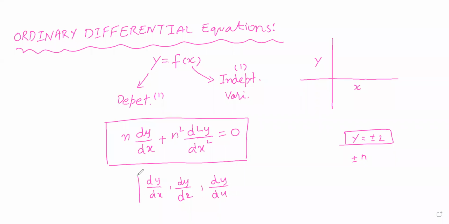If these are involved in our equation, then we call it a partial differential equation. For this chapter, we will focus only on ordinary differential equations, which can be denoted by ODE.